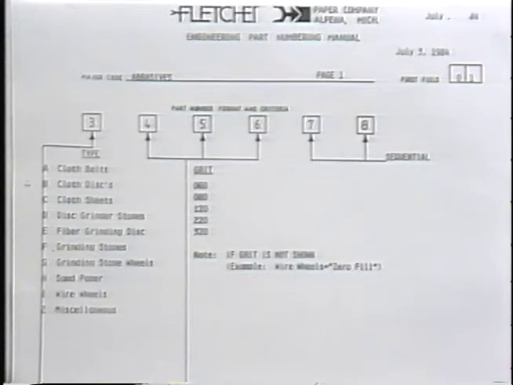Now, starting off with page number 2, we have commodity code 01, abrasives. In this case, the second field is 1 digit, and that happens to be digit number 3. And here we show the different types of abrasives.